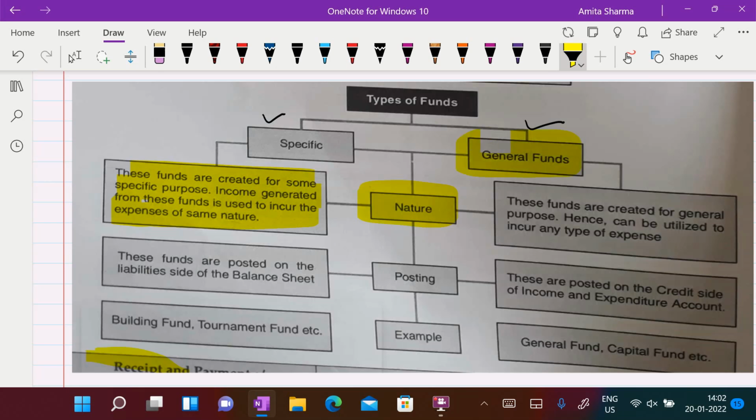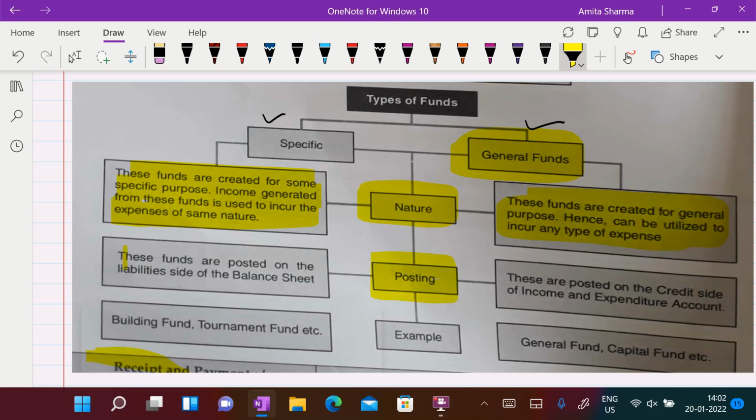General fund can be used anywhere. These funds are created for the general purpose, hence can be utilized to incur any type of expense. These funds can be used whenever you feel any shortage of fund. Second, we have posting.